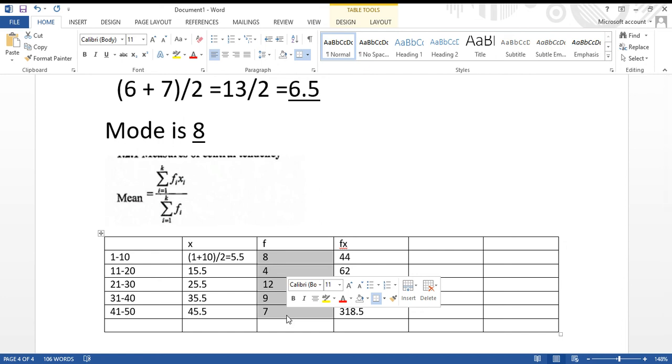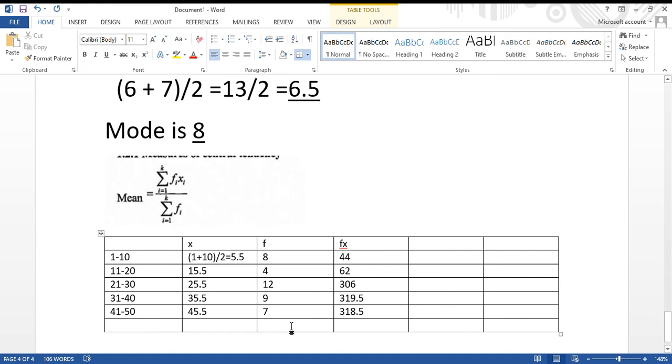We get 40. That is our total, so we say 40 here.